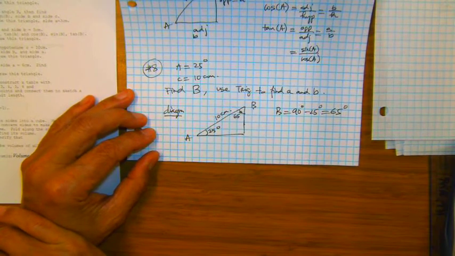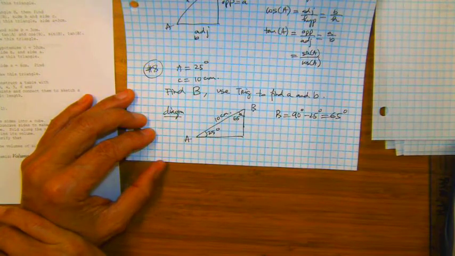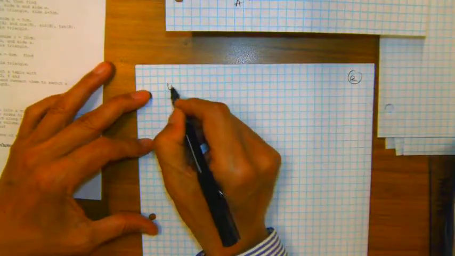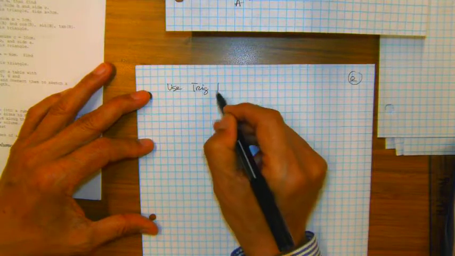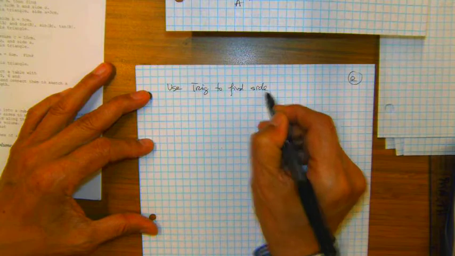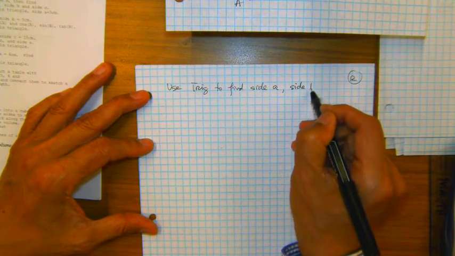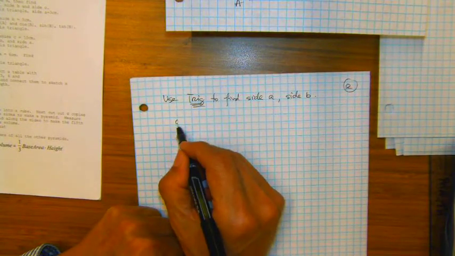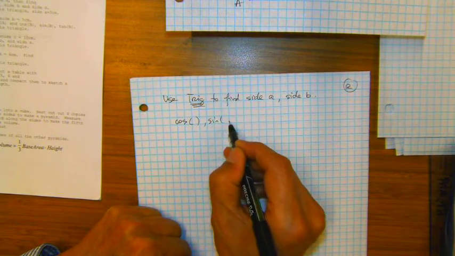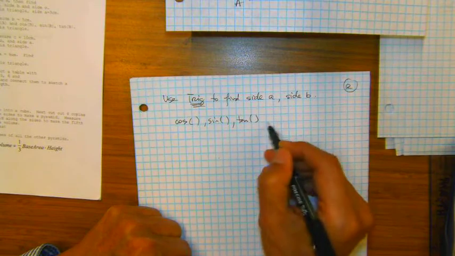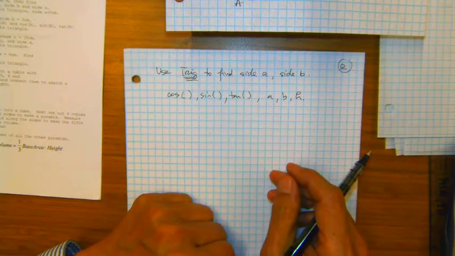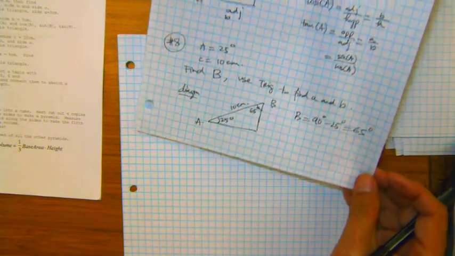All right, so next, use trigonometry to find side A and side B. Trigonometry means angles and sides, so you have to use cosine, sine, or tangent, and then A, B, and H. Then just look at your diagram. Where is A? This A right there.